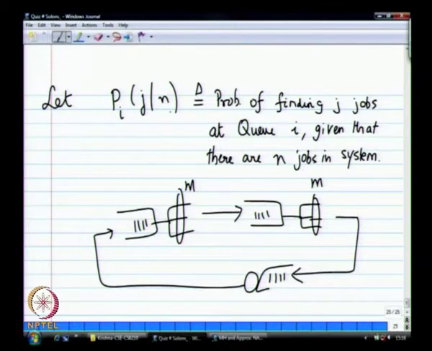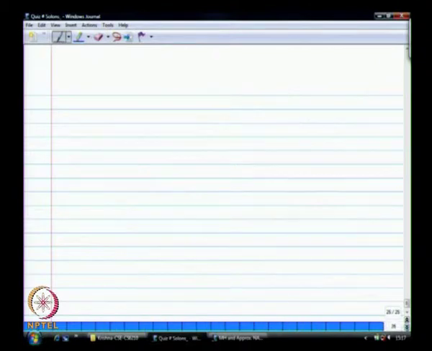Okay, with that definition we will try to define some things. So R_i(n), which is the response time at server i when there are n jobs in the system, is given as follows.